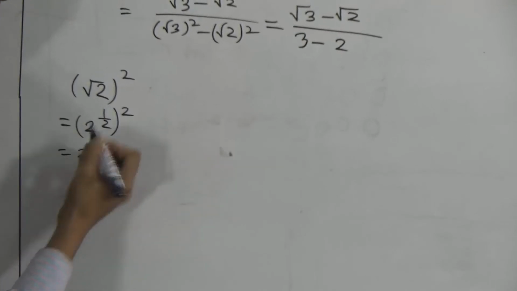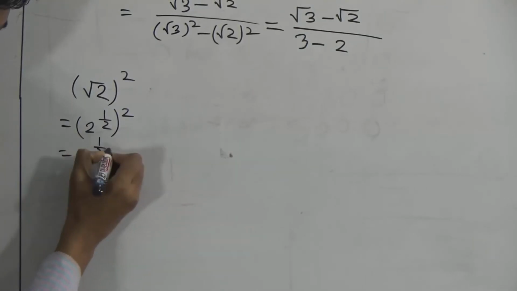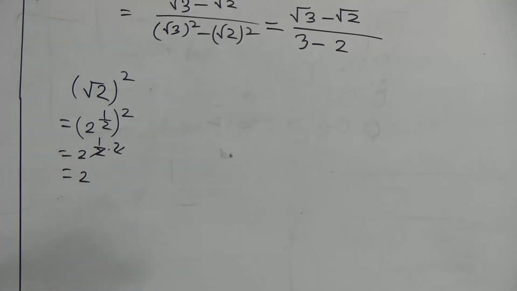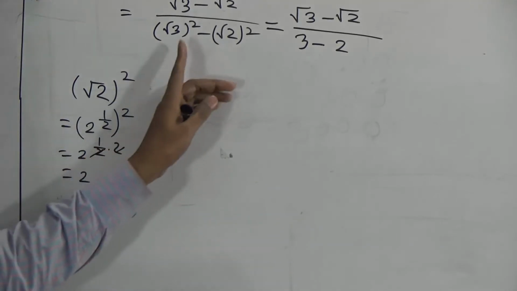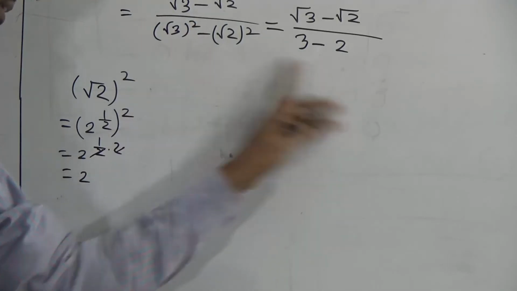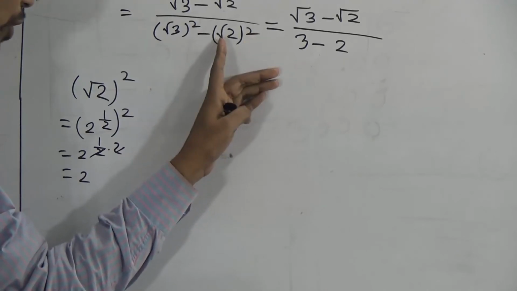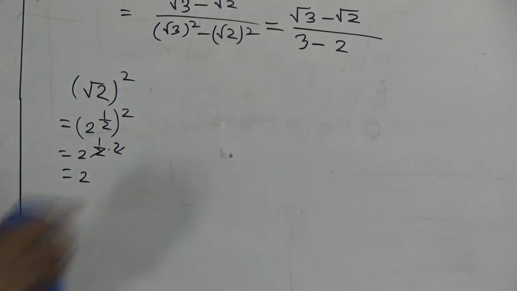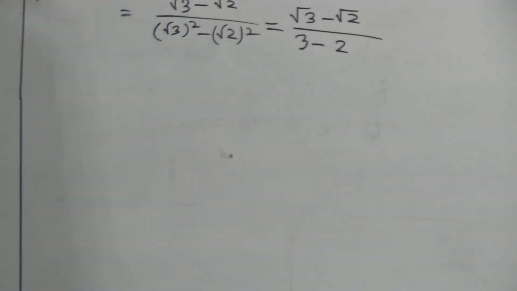So power and power will be multiplied. That means 1 by 2 into 2, the 2s vanish, then we will get 2. Like this way, square root and 2 will vanish, then we get 3. Similarly, square and square root vanish, then we will get 2. Okay student, I hope you understood, but you have to practice.